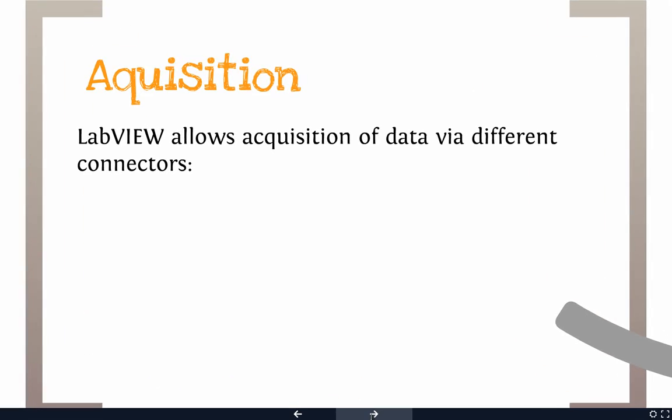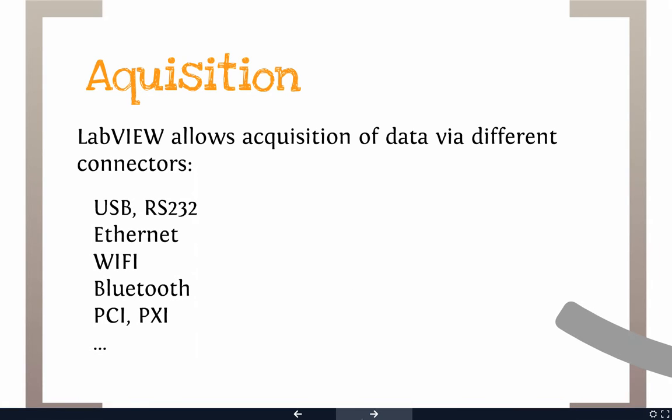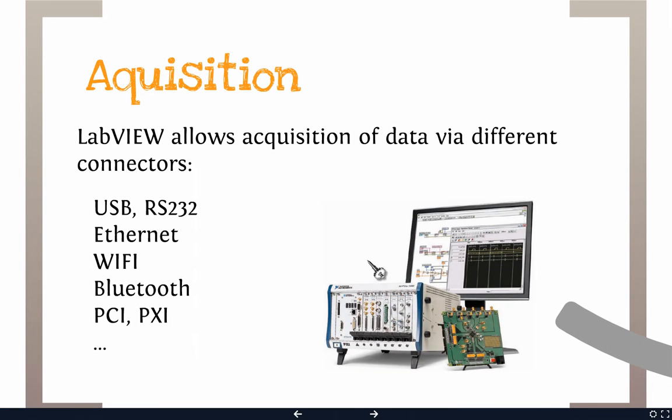Okay, it's very important in LabView, and it's one of the powers of LabView, the acquisition. LabView lets us acquire a lot of data from the real world through sensors, and it uses some of these connectors, USB or RS232, etc. Okay, and then we have here some of the hardware.